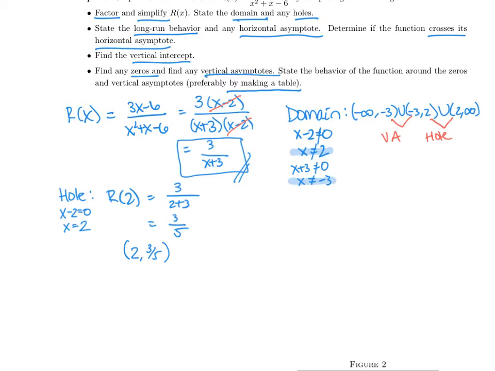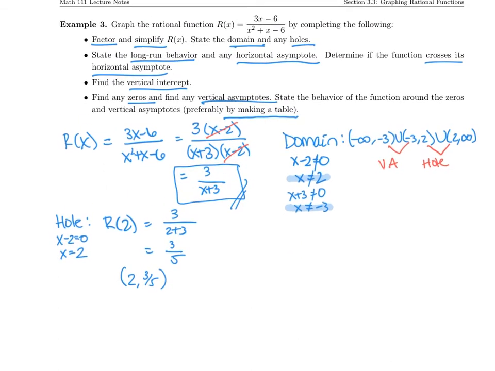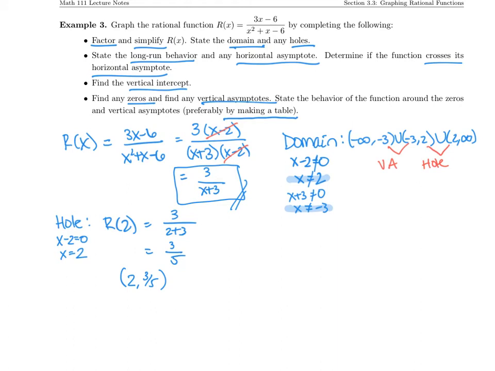Or if you want to go back to the original problem, you can say, in this numerator, this is 3x to the power of 1, and this is x squared. So the degree of my numerator is less than the degree of my denominator, which means that my horizontal asymptote is y is equal to 0.